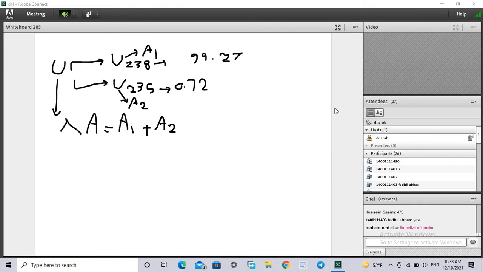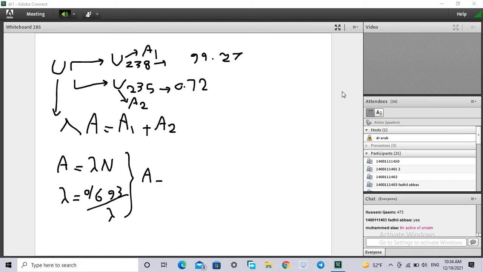And for calculating A1 and A2, we learned that A equals lambda multiplied by N. And in the other equation, we learned lambda equals 0.693 divided by the half-life. Combining these two equations, we reach A equals 0.693 divided by the half-life multiplied by N. Is it correct? Up to now, I wrote it correctly.